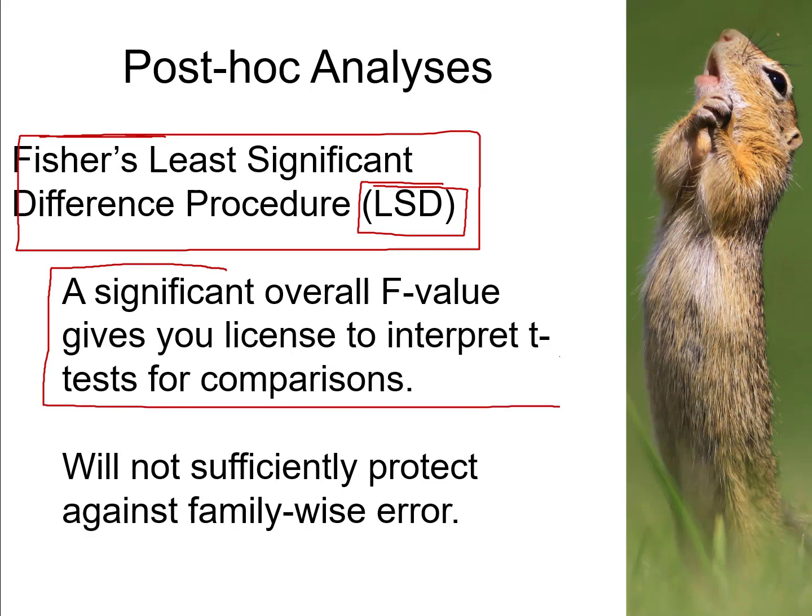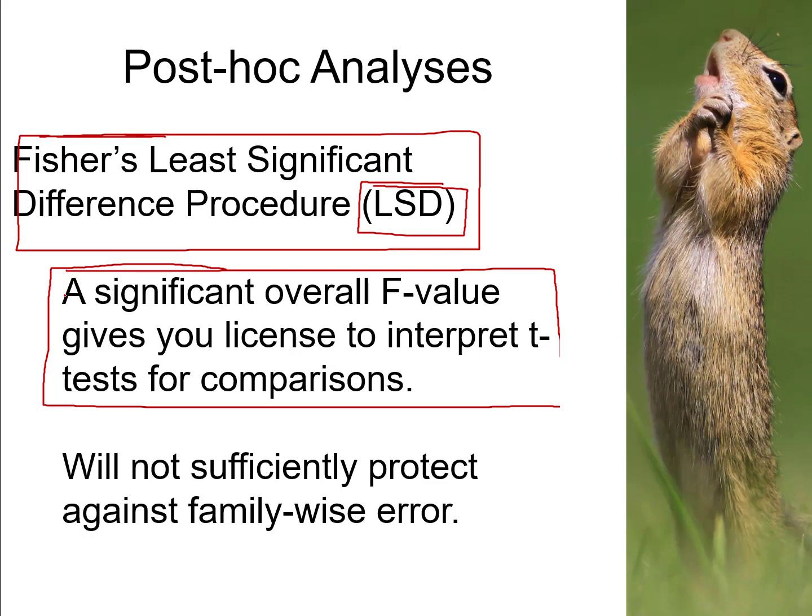Recall that the omnibus test is testing to see if group membership explains a significant amount of variance in the outcome variable. It's testing to see if somewhere you have some difference between groups. If it's significant, it means you have some group difference, but it doesn't clarify where that group difference is.